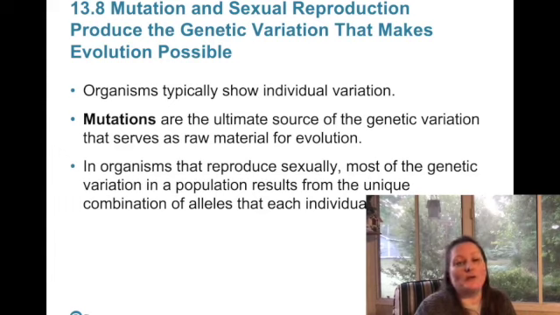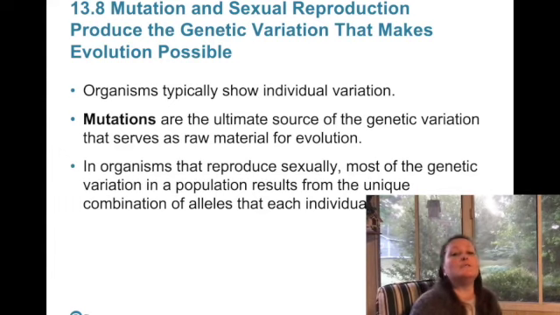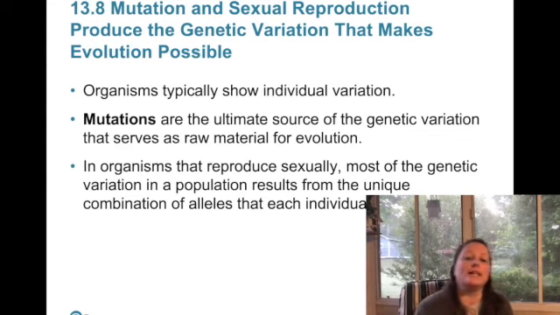So, evolution of populations. Mutations. If you remember, we talked about this quite a bit in Bio 123 when we talked about mutations and the DNA replication, and then we got to genetics. So that's what this is doing. It's bringing back all that stuff from Bio 123. Mutations are the ultimate source of the genetic variation that serves as raw material for evolution.